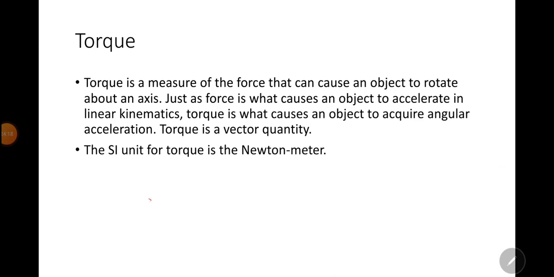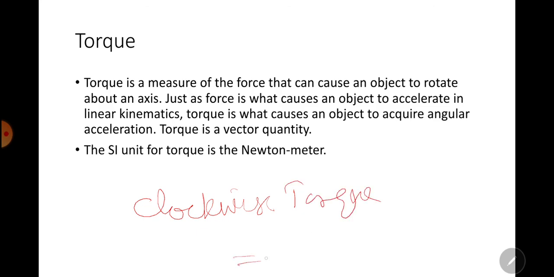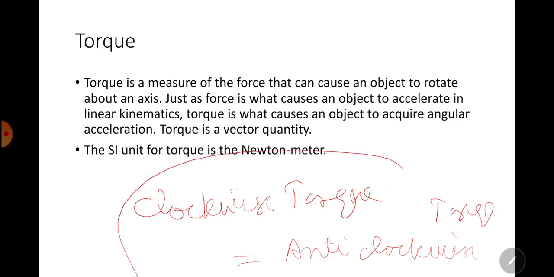This is the principle of moment or principle of rotation, also called the second condition of equilibrium. So the body is said to be balanced if clockwise torque or clockwise moment is equal to anti-clockwise moment.